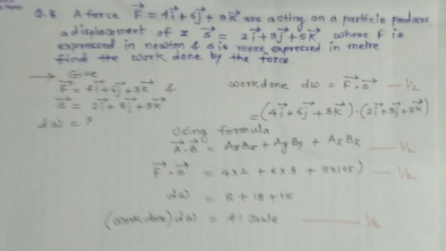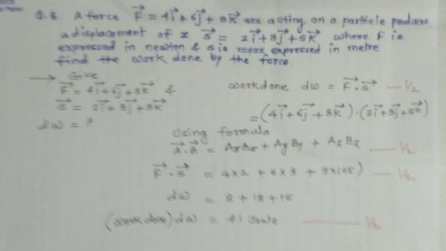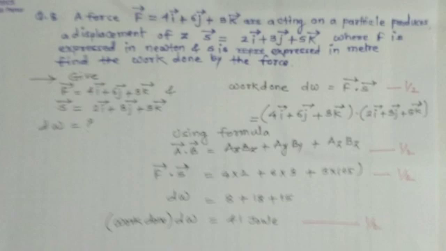Find the work done by the force. Given data: vector F is 4i plus 6j plus 3k, and vector S is 2i plus 3j plus 5k. Work done is equal to question mark.